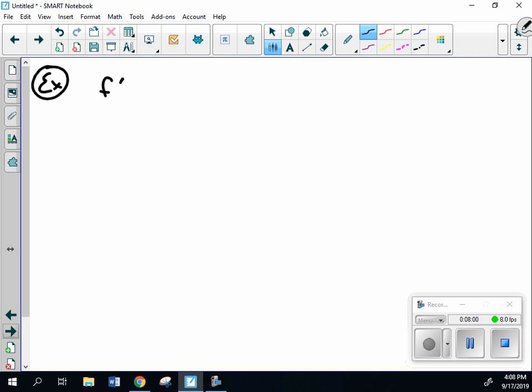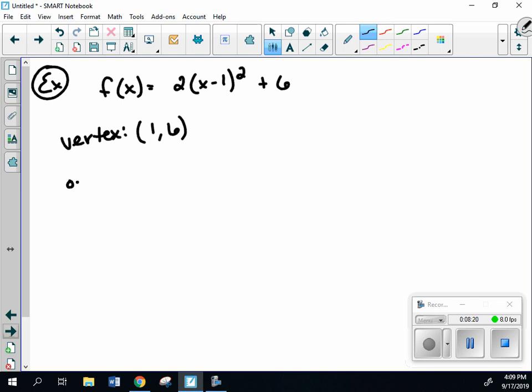So for instance, if I were to have f of x equals 2 times x minus 1 squared plus 6. Well, from this information, the vertex is located at 1, 6. It is going to open up. We are also going to have the axis of symmetry, which means just the reflection line. Where does the parabola, if I split it in half, where does it fold over?